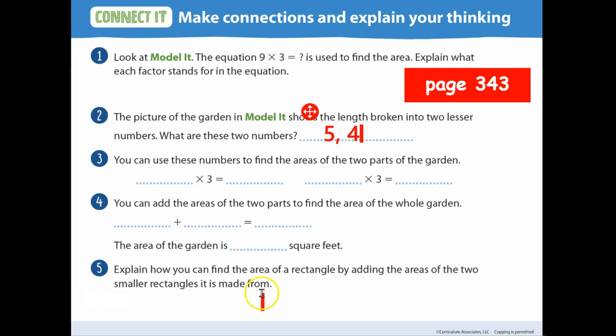Those 2 numbers were used to find the areas of the 2 parts. But the width of the whole thing was 3. No, we broke it apart. What were the 2 numbers that we broke it apart? 5 and 4.